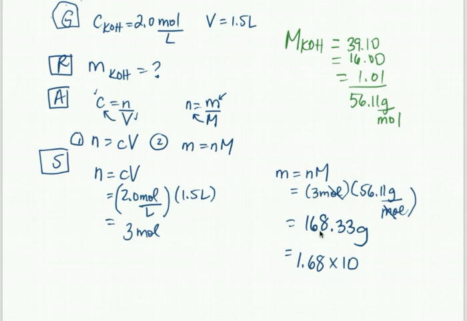Okay, so 1, 2 spots over. Okay, so 1.68, so here, if I leave all the digits there, 1.6833 times 10 to the 1, 2 moves here. So you can write this in scientific notation, and if you need it down to 2 digits, that's how you get it to 2 sig figs, okay?